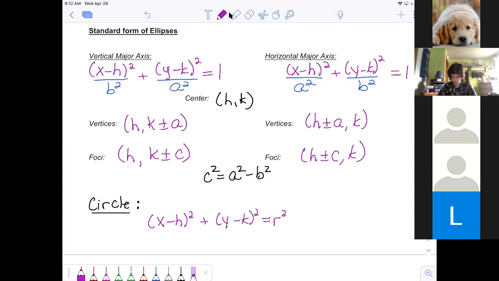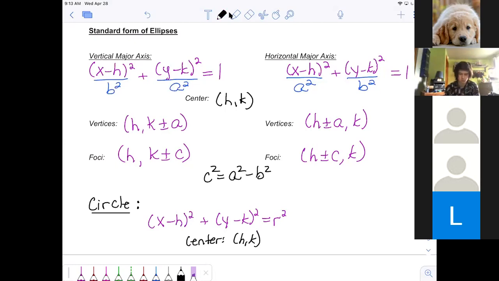A circle doesn't have any fractions underneath it, any values to make it a fraction, I should say. So the number is not going to be 1 on the right. That number is going to be something else to represent the radius. And then the center is still h and k. In my opinion, the circle is the easiest one to graph. It's the easiest one to find. It just has a center and a radius.